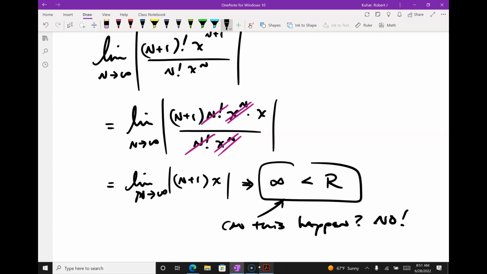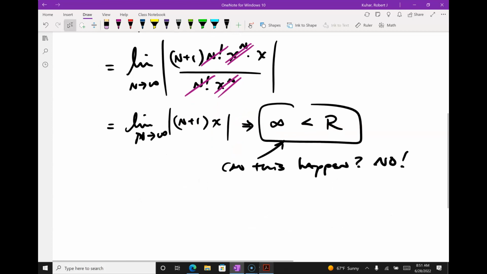And that means it's only going to converge at the origin. That's the only place it will converge. So when I get a limit of infinity and I need my radius to be bigger than that, we know it can't happen. So we just flip it over and say it's got to be 0.